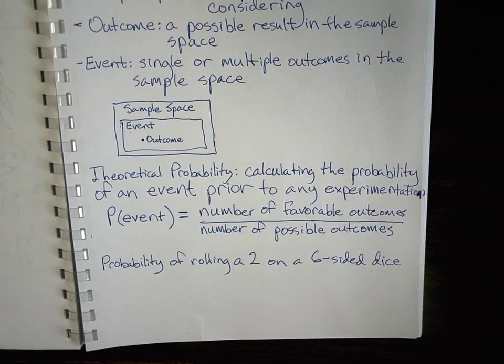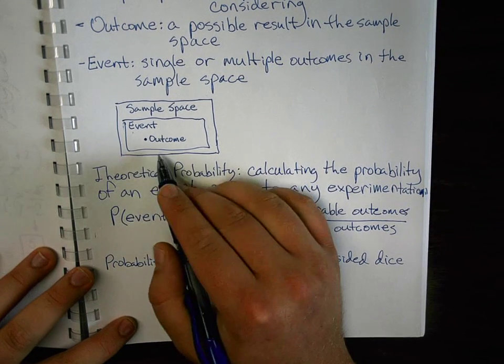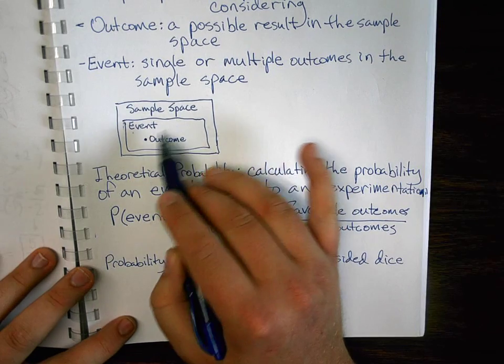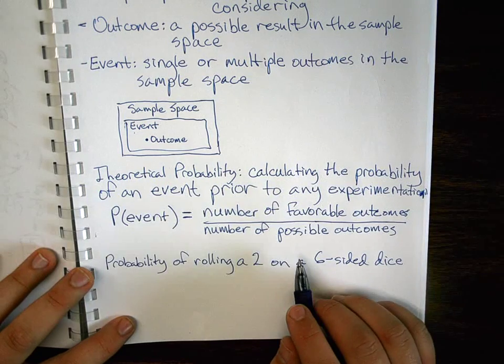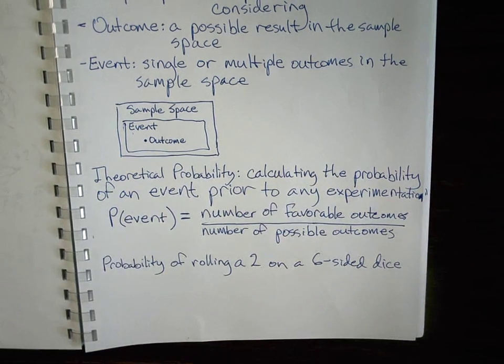In the case of a single roll of a six-sided die, we just want to figure out the base probability, the mathematical, theoretical probability of rolling just a 2. The way to think of it is, my sample space, all the possible outcomes that I have, are just 6: 1, 2, 3, 4, 5, 6.